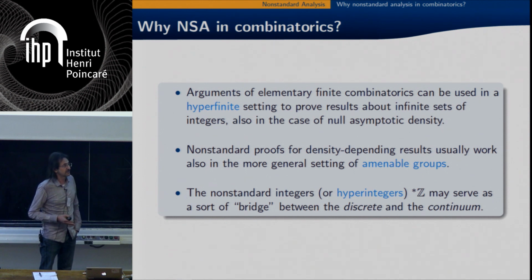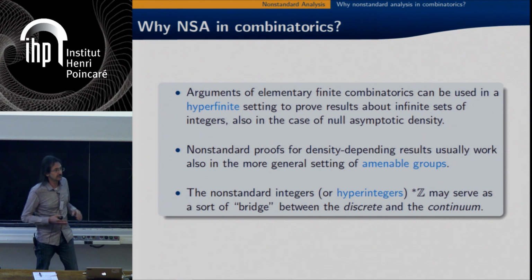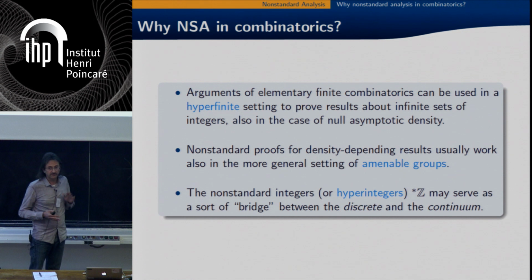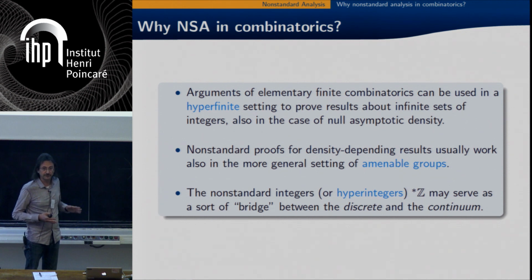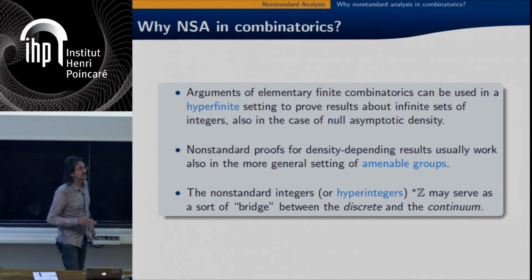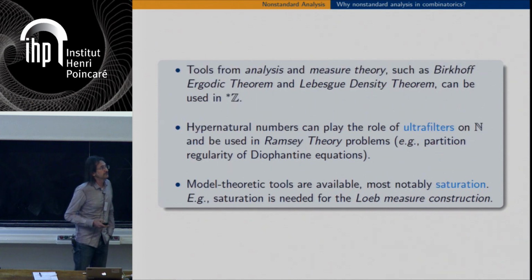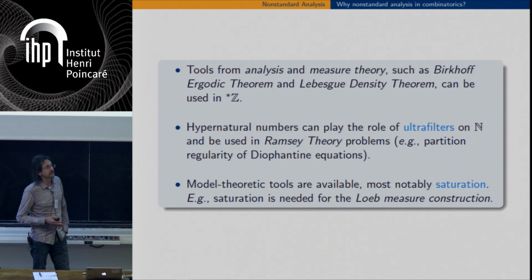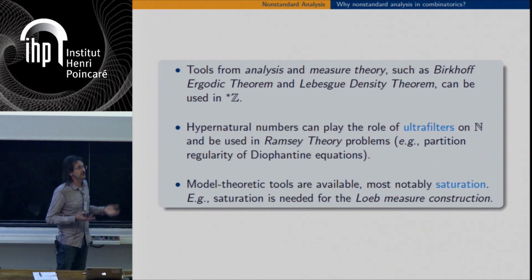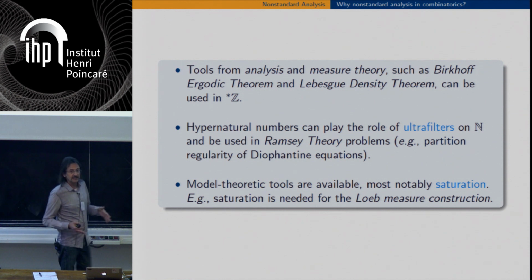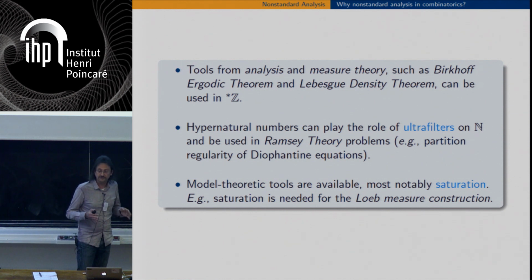I think it's a very interesting bridge, the non-standard setting, between the discrete and the continuum. I will give you one easy and short example of this phenomenon, but I think that this is a direction that should be considered. And in fact, as I mentioned, there are tools from the continuum, typically from measure theory, like the Birkhoff ergodic theorem and the Lebesgue density theorem, that can be used in the hyperfinite context of hyperintegers.